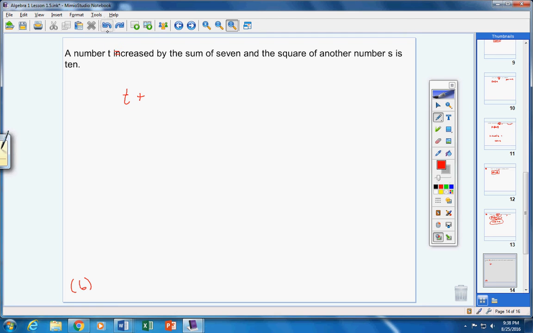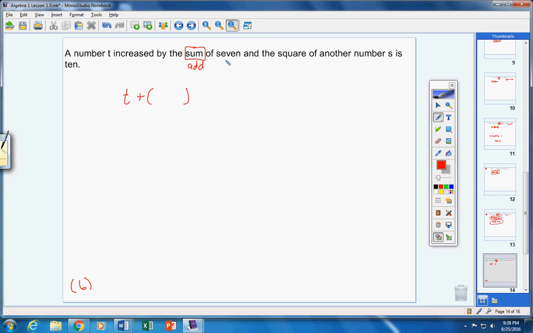It says t increased, so I'm adding. A number t increased by what? By 7? No. By the square of another number? No. It's increased by a what? A sum, so put a parentheses. Now what is my sum, or in other words, what am I adding? 7 and the square of another number s, in other words, s squared.